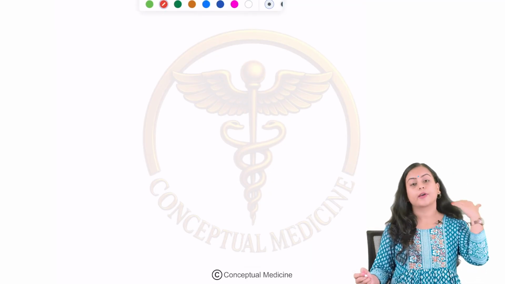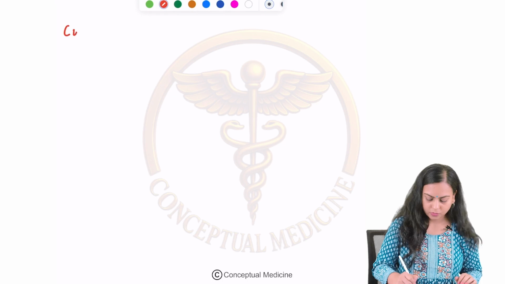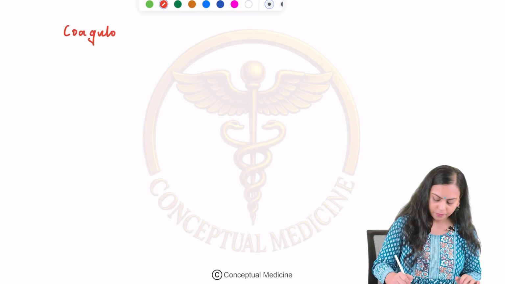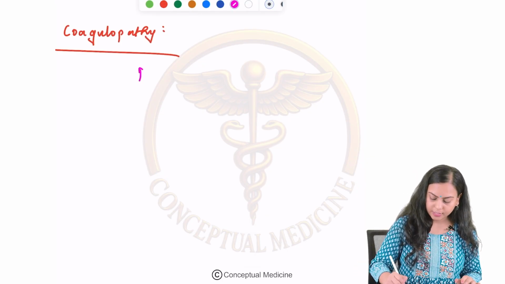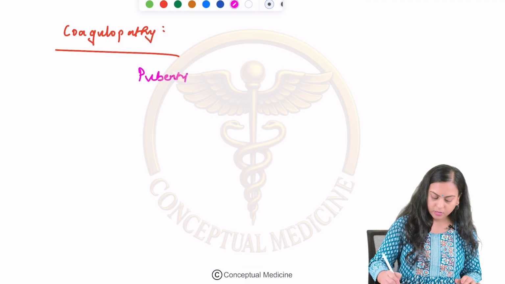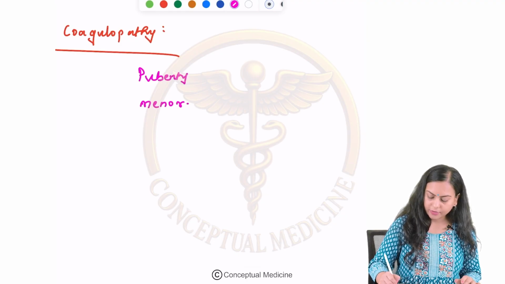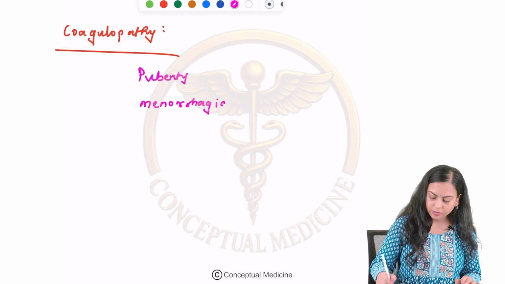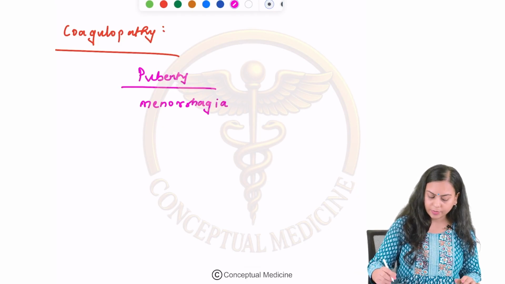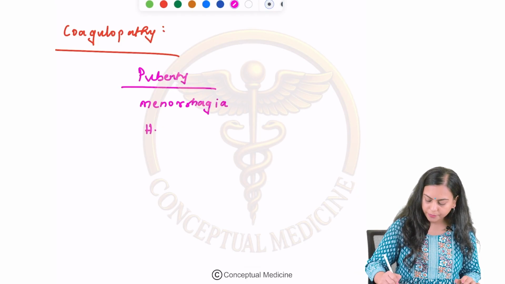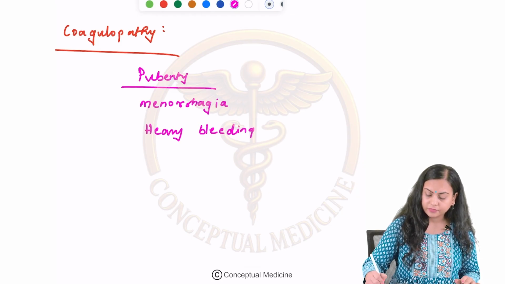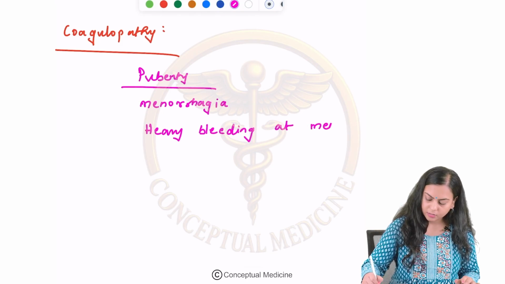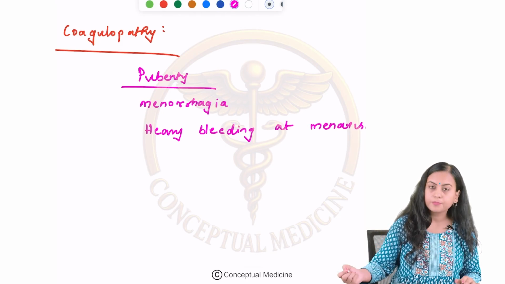Now, we will discuss coagulopathy. Okay, so coagulopathy can happen during puberty. Menorrhagia will be there. In this set there will be menorrhagia or heavy bleeding at menarche.